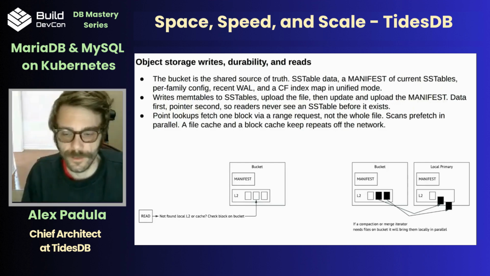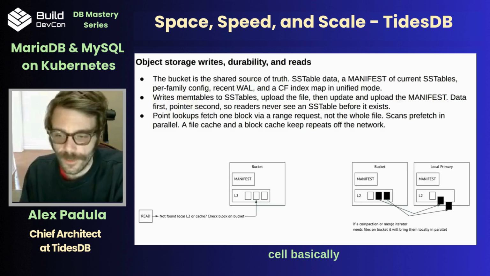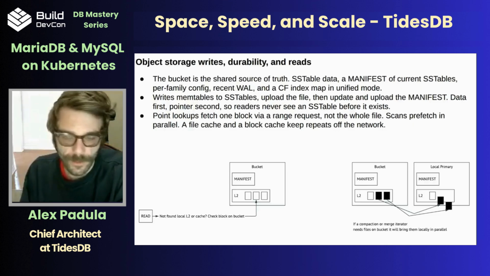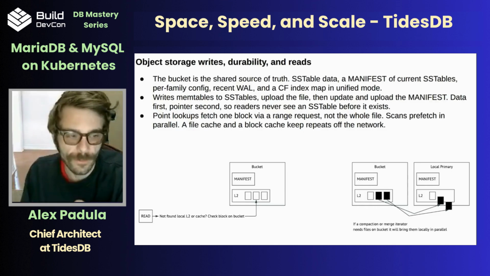In this slide, what you'll see is that in the left diagram, a read can occur, and if it doesn't find the data it's looking for inside of the local environment, then it'll do a read onto the bucket, right?